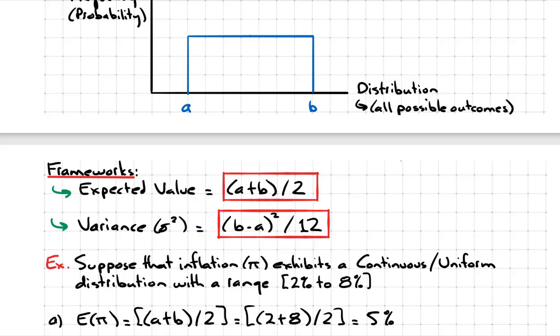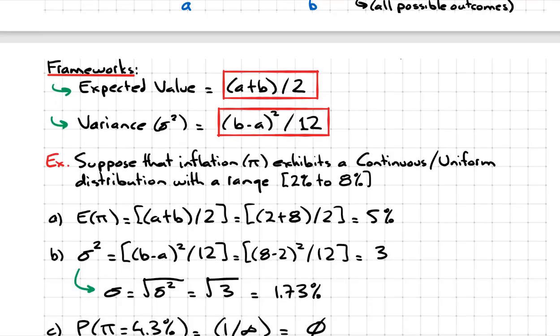So now let's do an example. Suppose that inflation exhibits a continuous uniform distribution with a range of 2 to 8%. What that means is inflation can take on any possible value between 2 and 8. So in theory, if the lowest inflation number is 2, the next one would be 2.00000000001.